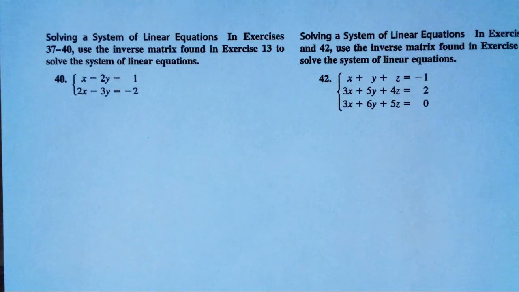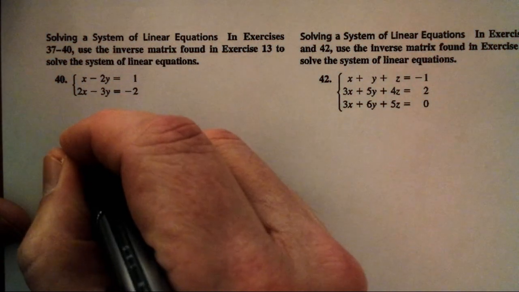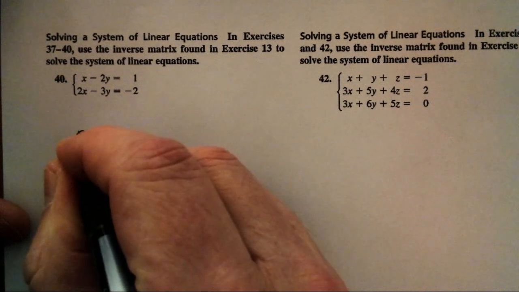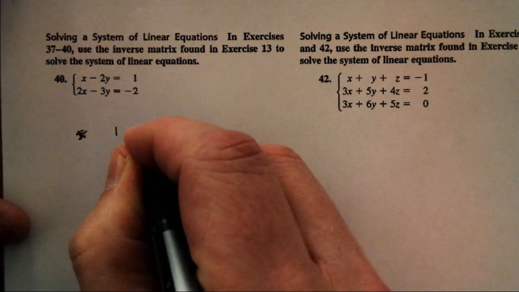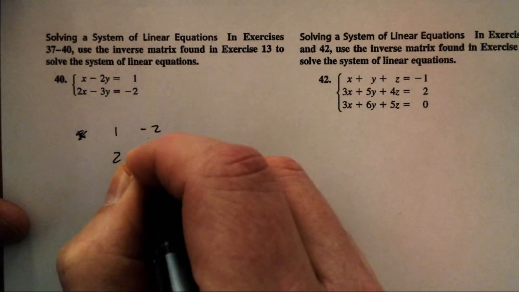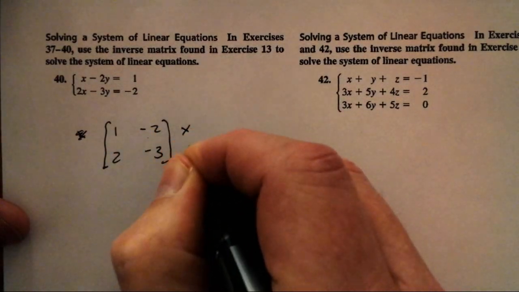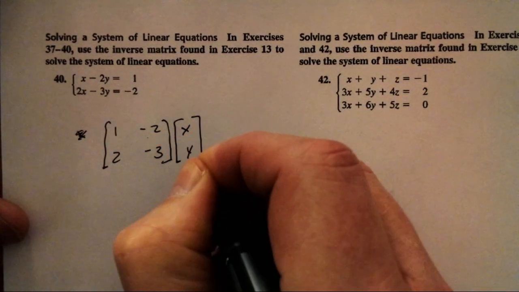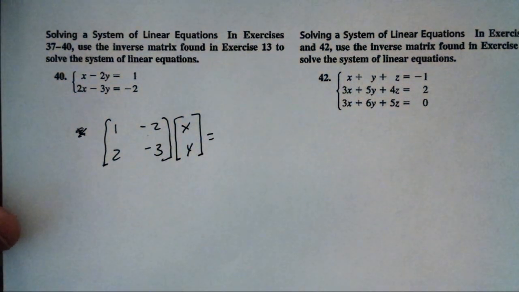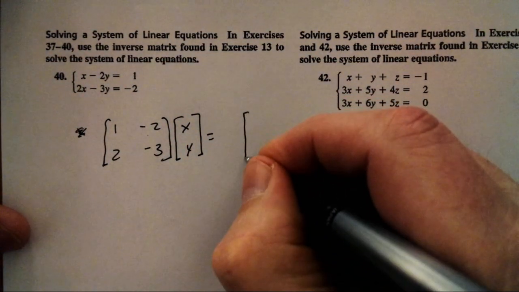The first 5 points is going to be just to rewrite this as the product of matrices. We've done that. So this is 1, negative 2, 2, negative 3 times x, y equals, and I'm going to leave a little space here, and you'll see why a little bit later.